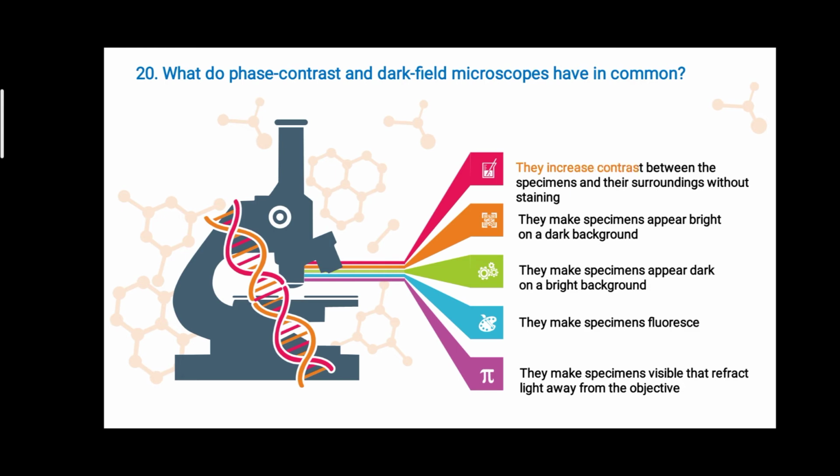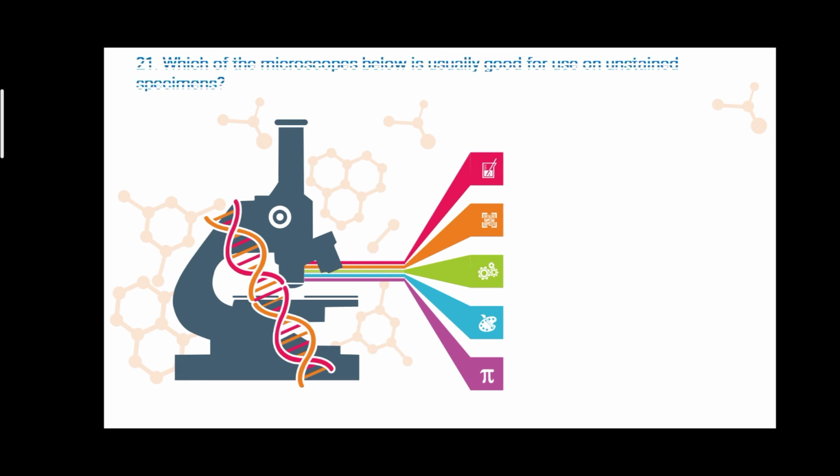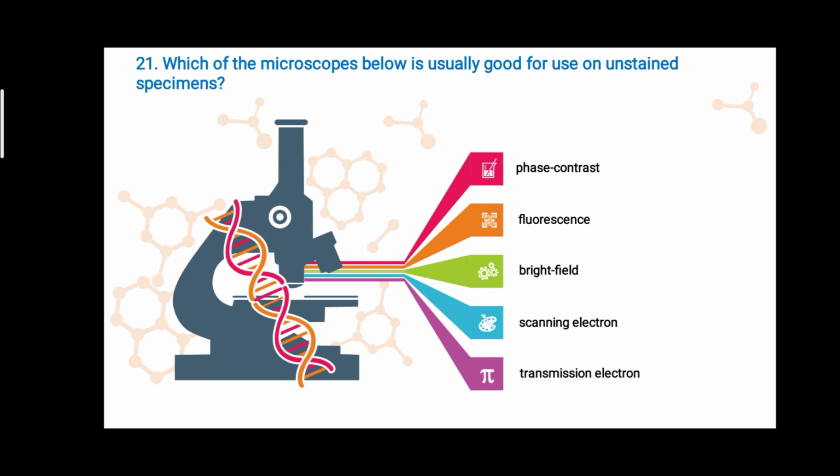They increase contrast between the specimens and their surroundings without staining. Which of the microscopes below is usually good for use on unstained specimens? Phase contrast microscope.